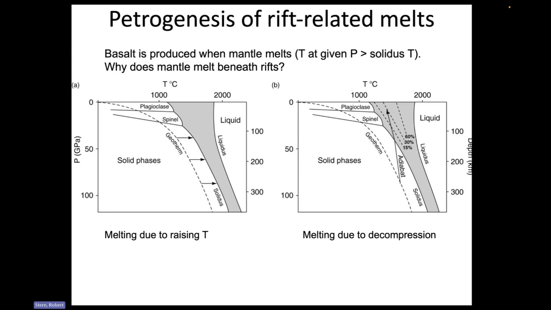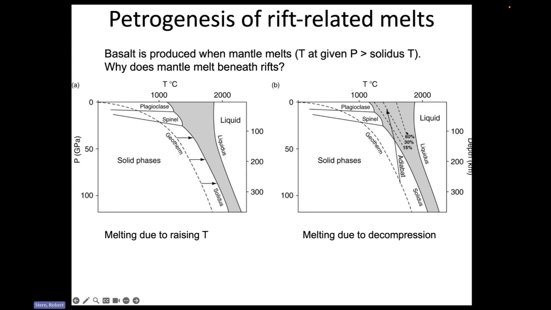If we allow it to rise adiabatically, then without heating it up at all, it will intersect the solidus at some point. And at that point, melting begins. And the more it rises above the solidus, the more melting occurs, right? There's 15% melting, there's 30% melting, there's 60% melting.